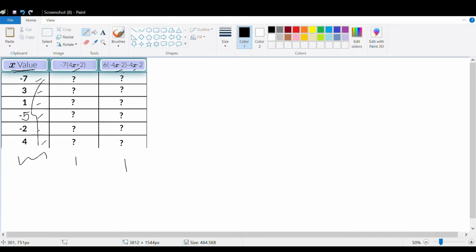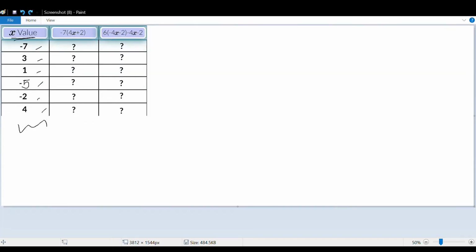At the end, we have to find out how these two equations are similar. So essentially, that is what we are trying to figure out here. How they are similar.